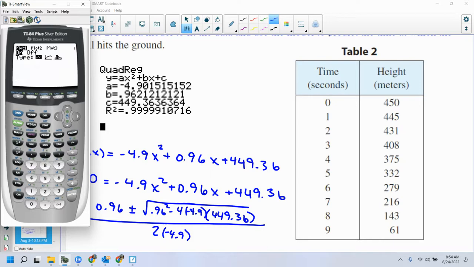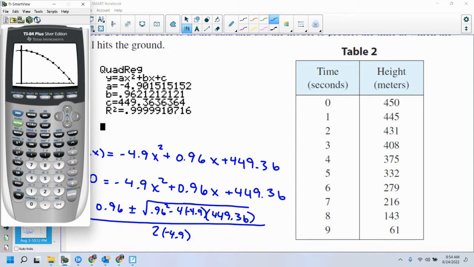Now I'm going to zoom. Choice 9 is zoom stat. Zoom stat, zoom 9. And we see our points in there, and we see our curve. Now the nice thing is, what am I going to look for here? I'm looking for the 0 of that function.